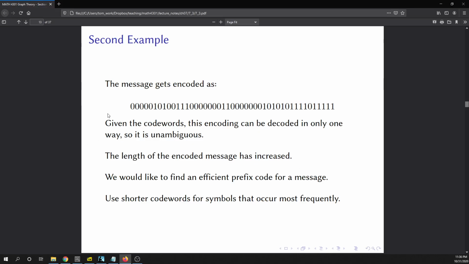So this example used 45 bits, because we had 15 characters, each one corresponding to 3 bits, 3 zeros or ones. So that's 45.